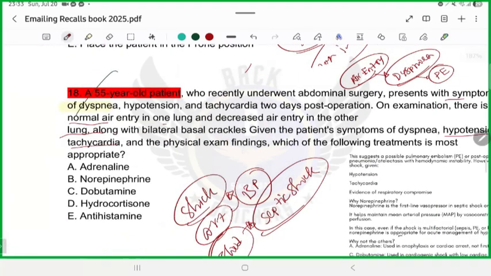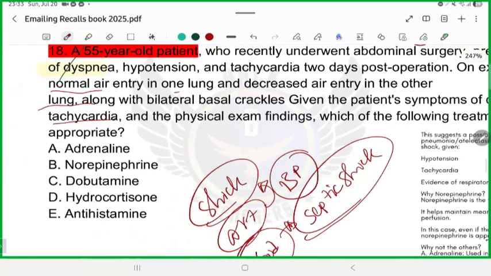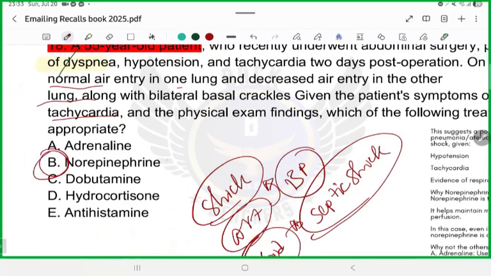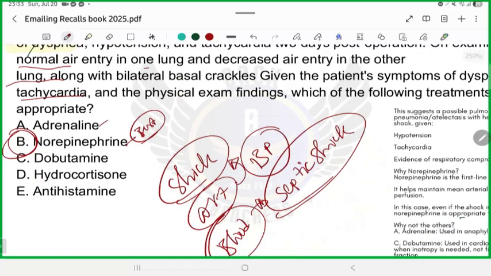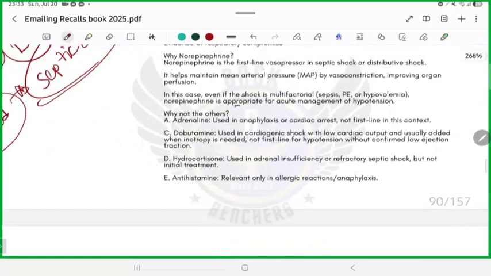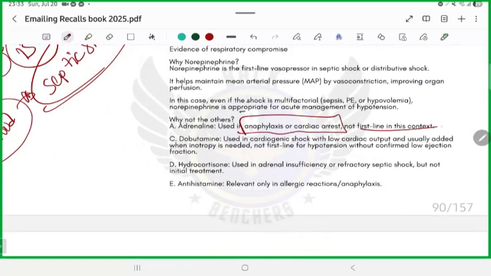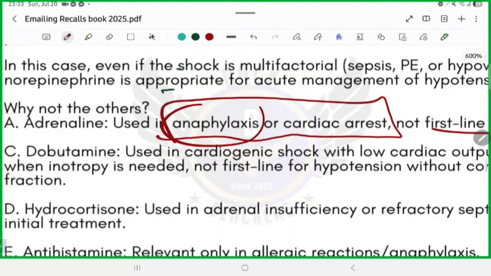So what do we give? That's the question. Norepinephrine would be the best choice here. Adrenaline would not be the best choice because it's for anaphylaxis or cardiac arrest, not first line in this context, as there is no sign of anaphylaxis.